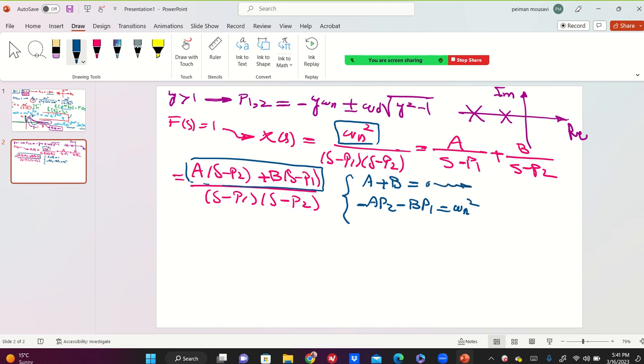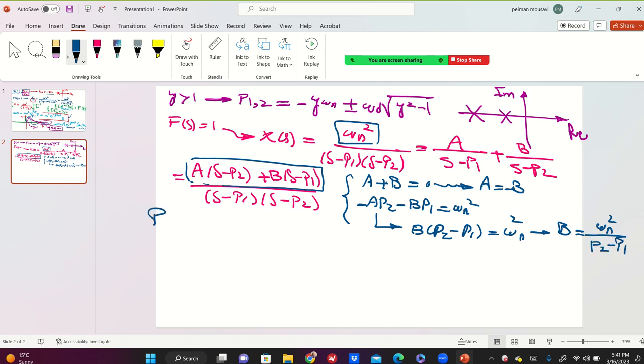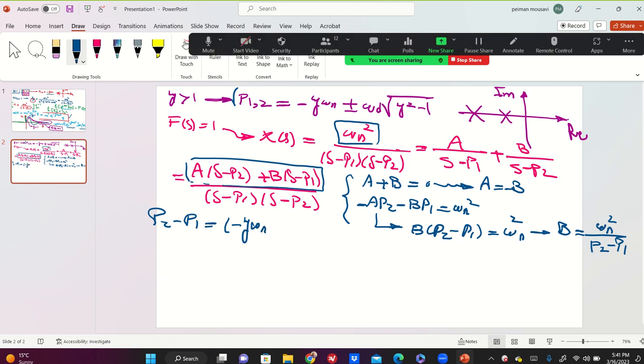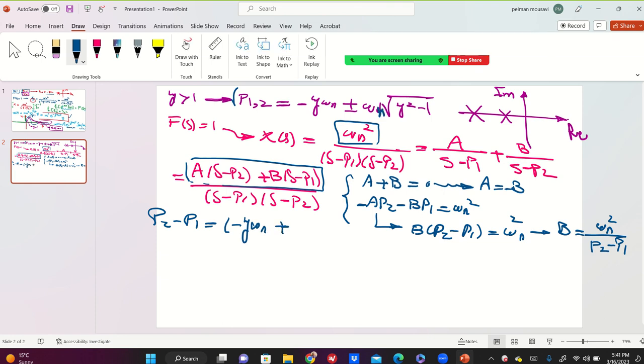From here you get A is minus B, and if you implement it here, you get B times p2 minus p1 is omega n square. So B is omega n square over p2 minus p1. So p2 minus p1 from here is going to be minus zeta omega n plus omega n square root of zeta square minus 1, minus p1. Guys, this is omega n, this is a typo.